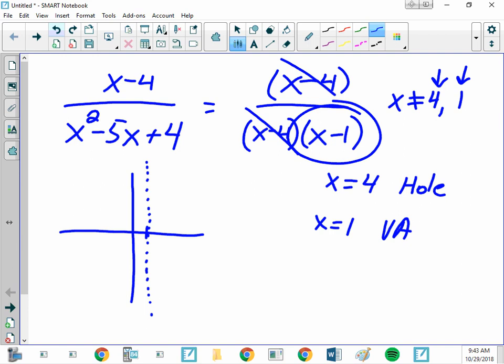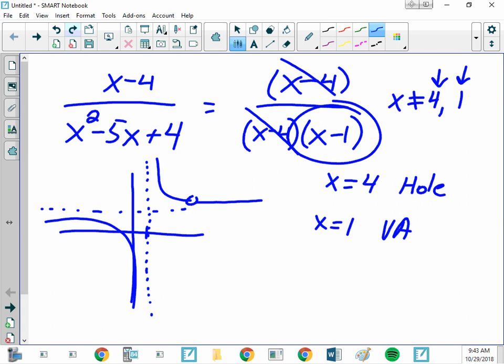Rational functions often have horizontal asymptotes, which is a dotted line that's horizontal that the graph never touches. So this graph could look like this and have a hole at 4, right? Or it could look like this with a hole at 4. There are a lot of different combinations, and it sort of just depends on the graph.